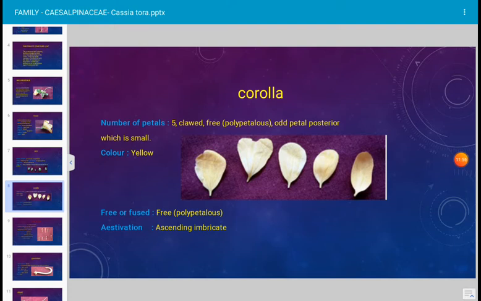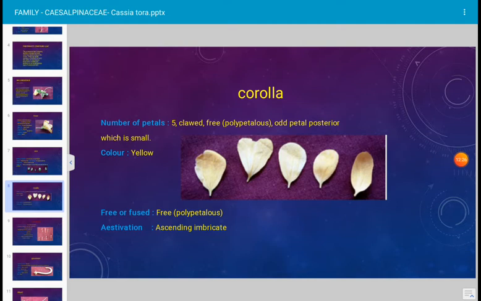Estivation is ascending imbricate estivation. What is ascending imbricate estivation? In this case, the odd petal is posterior and completely inside, and one of the anterior petals is completely outside, and the remaining 3 petals have one edge outside and the other edge inside relative to the adjacent petal.